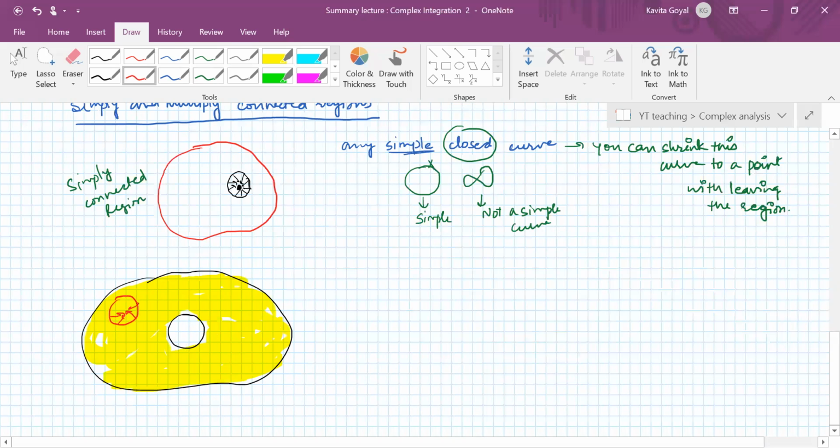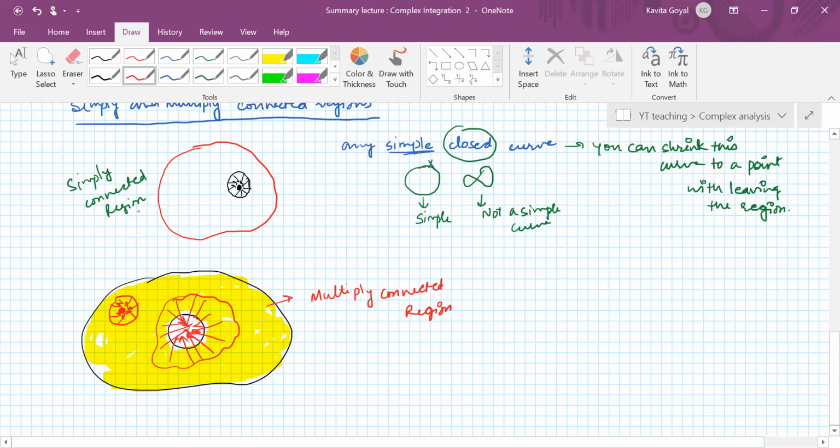Yes, I can. But if I take this simple closed curve and try to shrink it, then I'll leave the region. Can you see? So this is not a simply connected region. This is a multiply connected region.